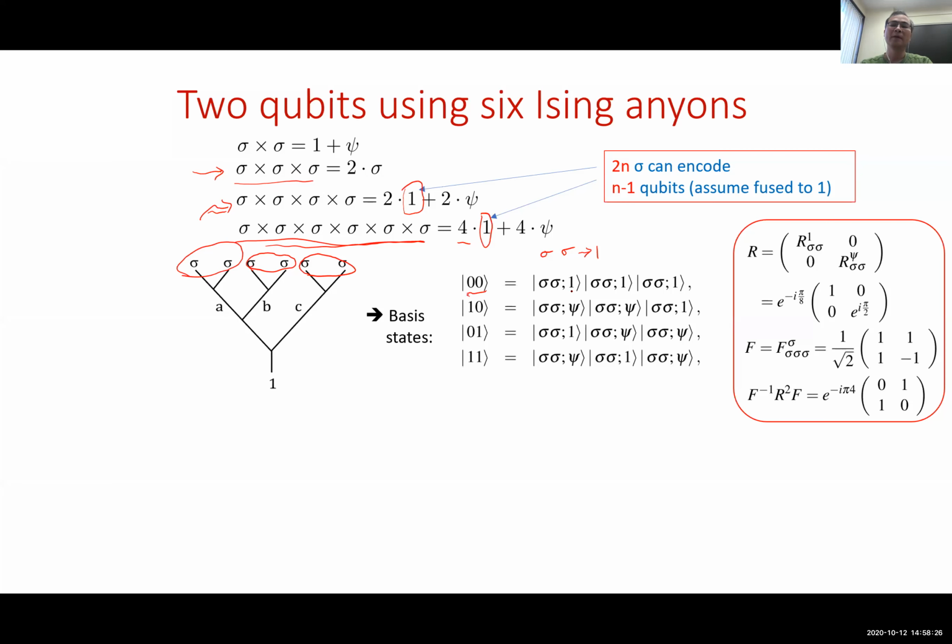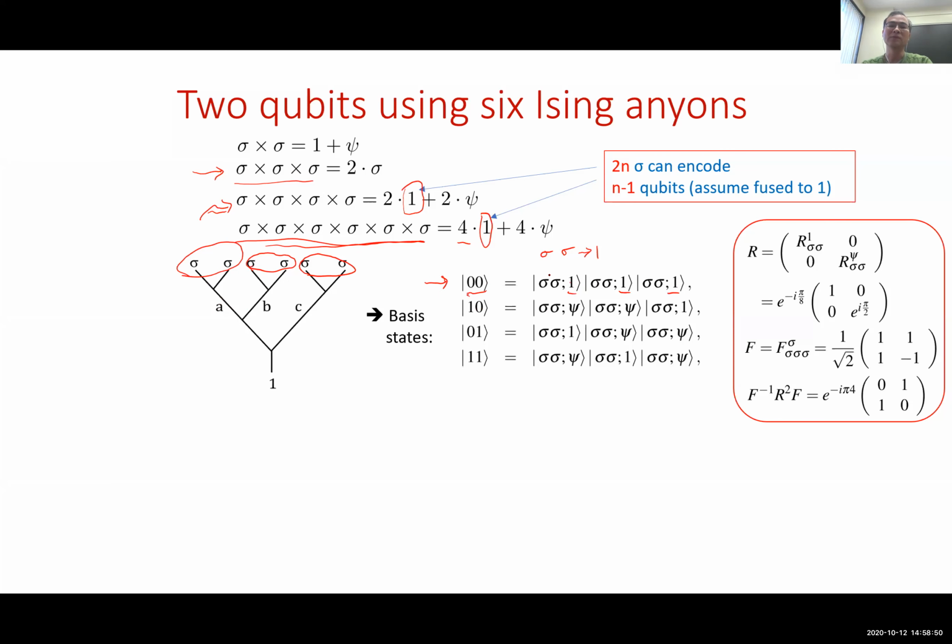So if they all fuse to 1, the 3 fuse to 1, and we will choose this as our logical 00. Okay, there are only 4 possibilities, and we fix this one, and we can also choose other possibilities.